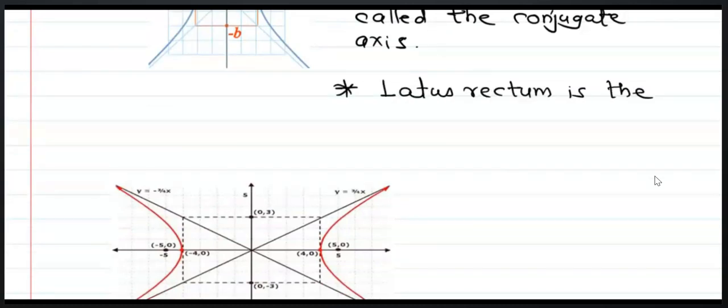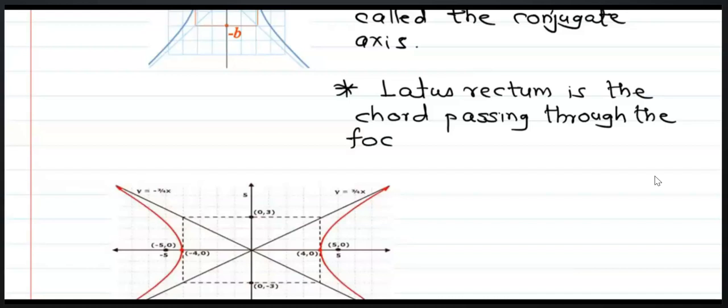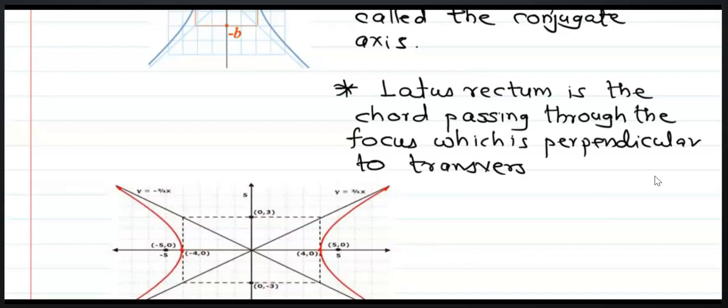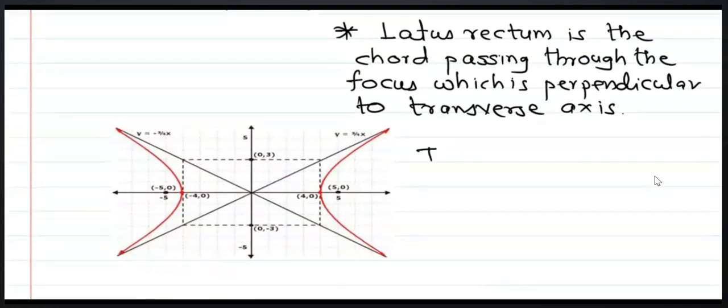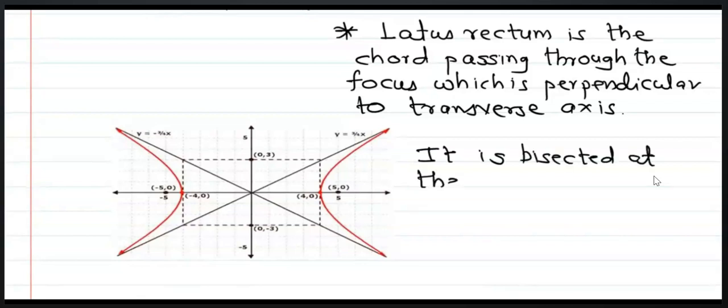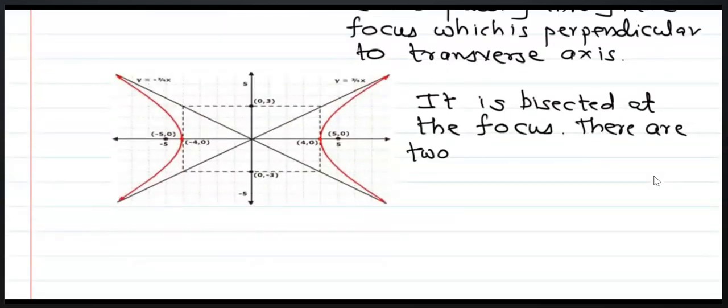Latus rectum is the chord passing through the focus which is perpendicular to the transverse axis. It is bisected at the focus.